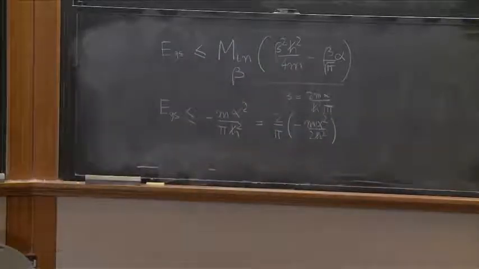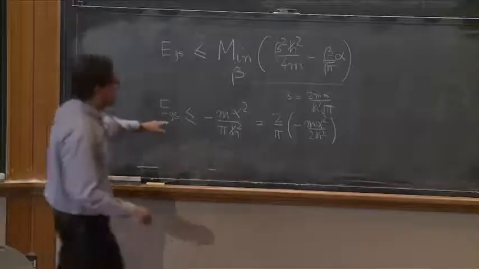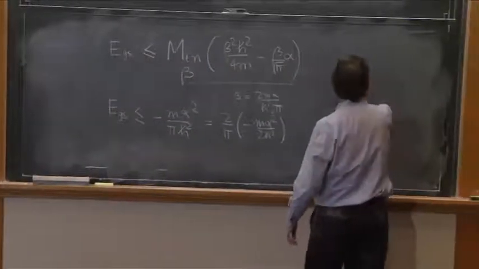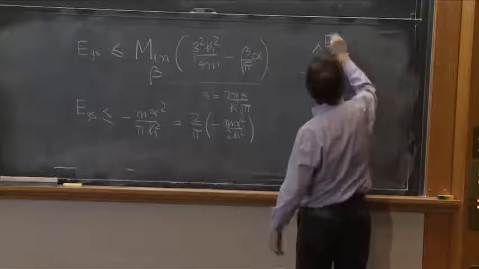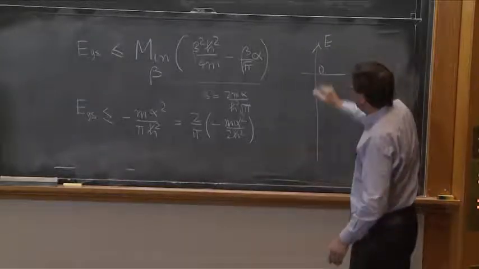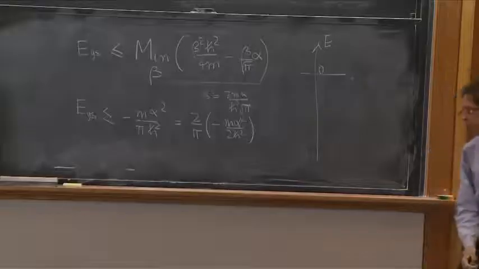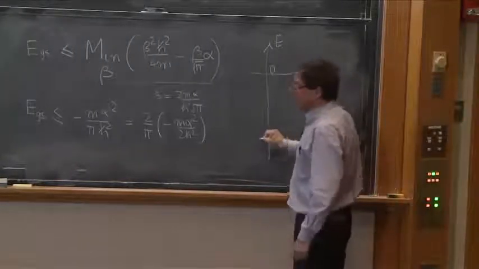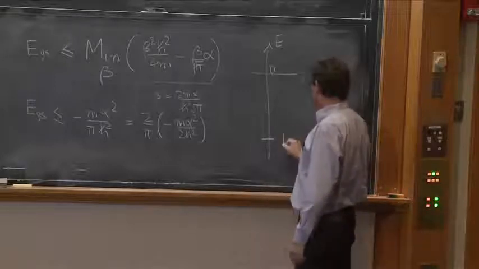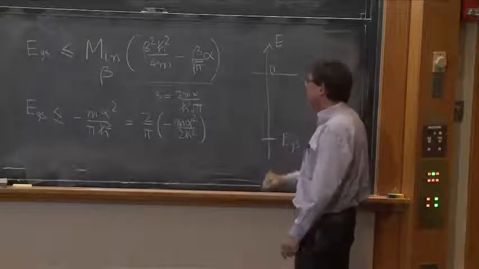So let's just make sure we understand what has happened. Here is the energy. Here is 0. Energy is just a vertical plot. The true ground state energy of this problem is this one. Let's call it EGS, is negative.